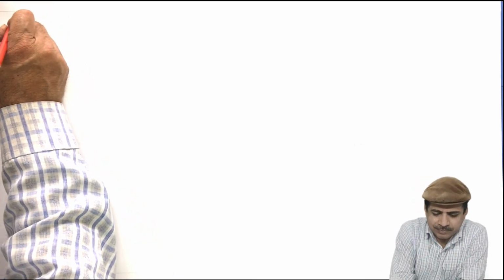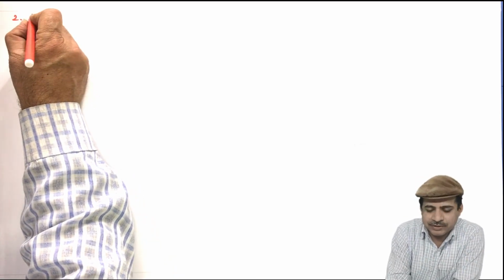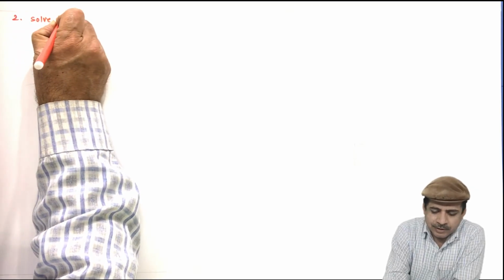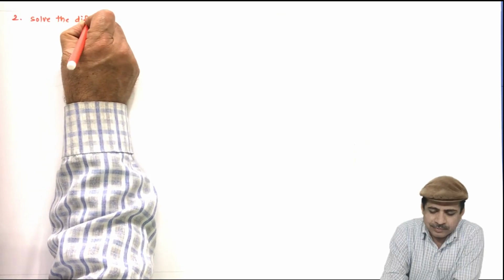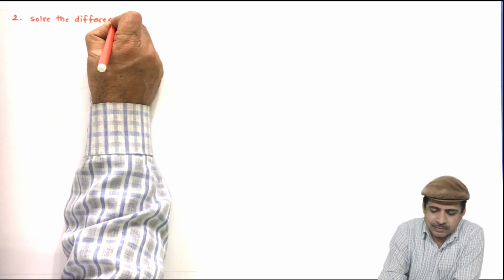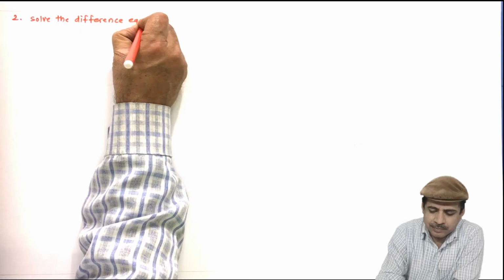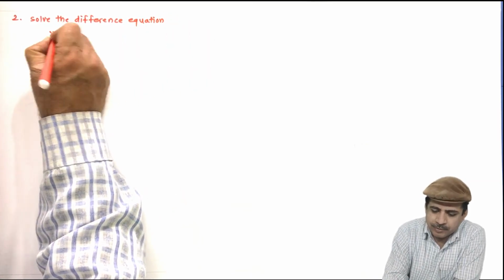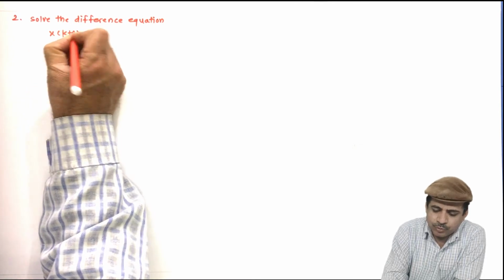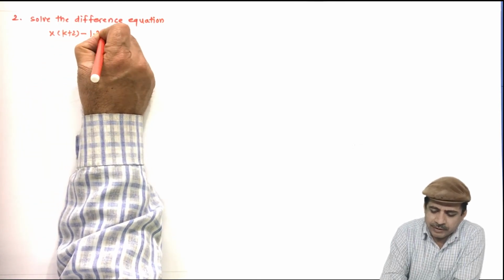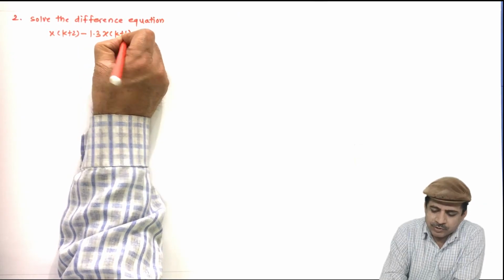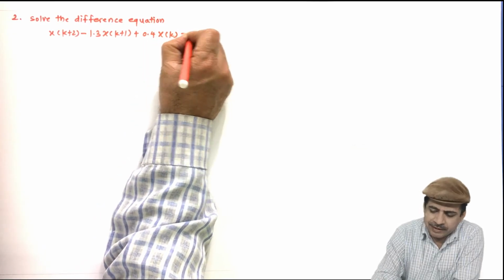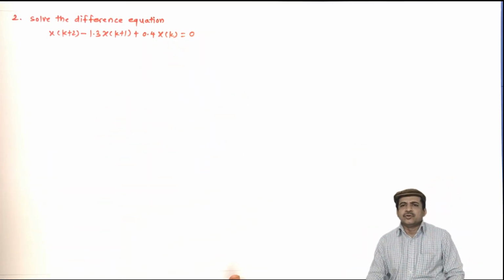In this example, we will take the difference equation with advanced samples. Solve the difference equation x of k plus 2 minus 1.3 x of k plus 1 plus 0.4 x of k, and let us consider the homogeneous difference equation.